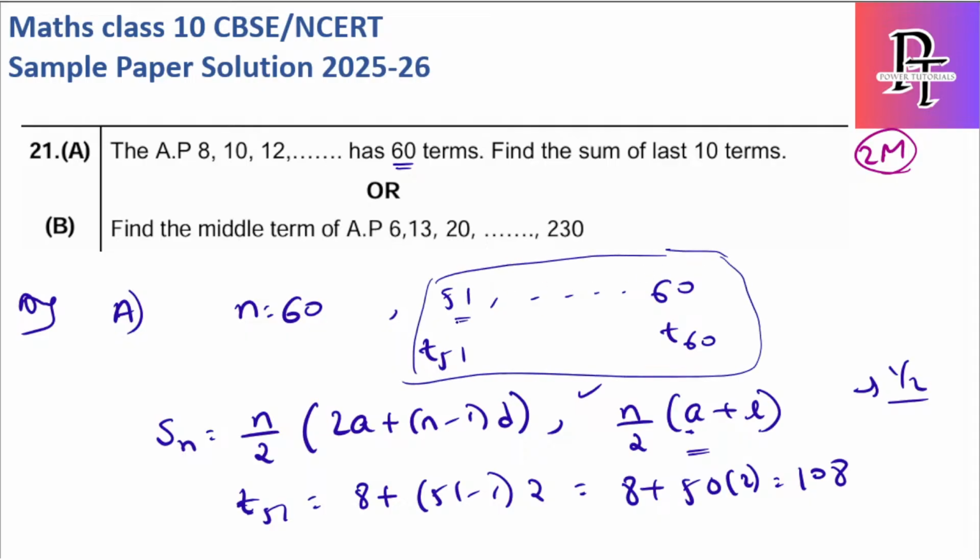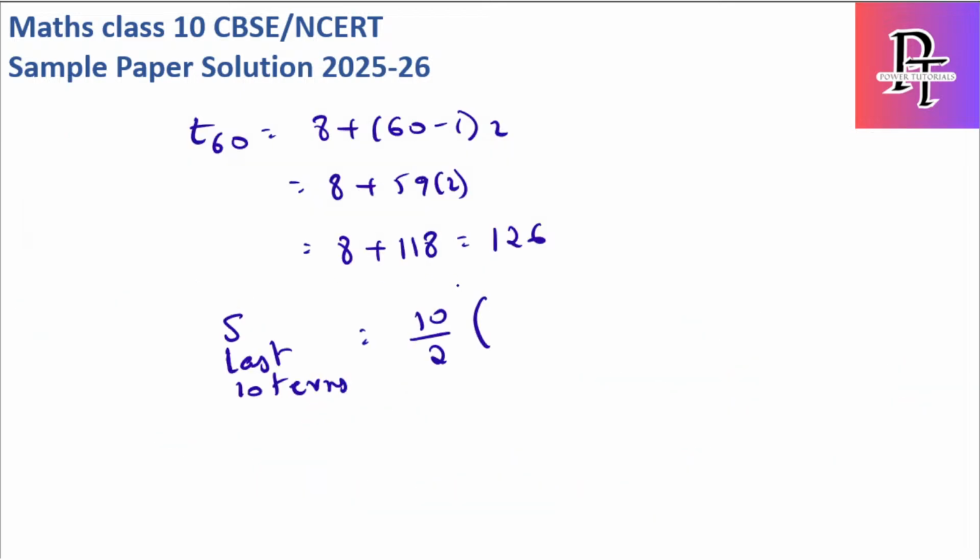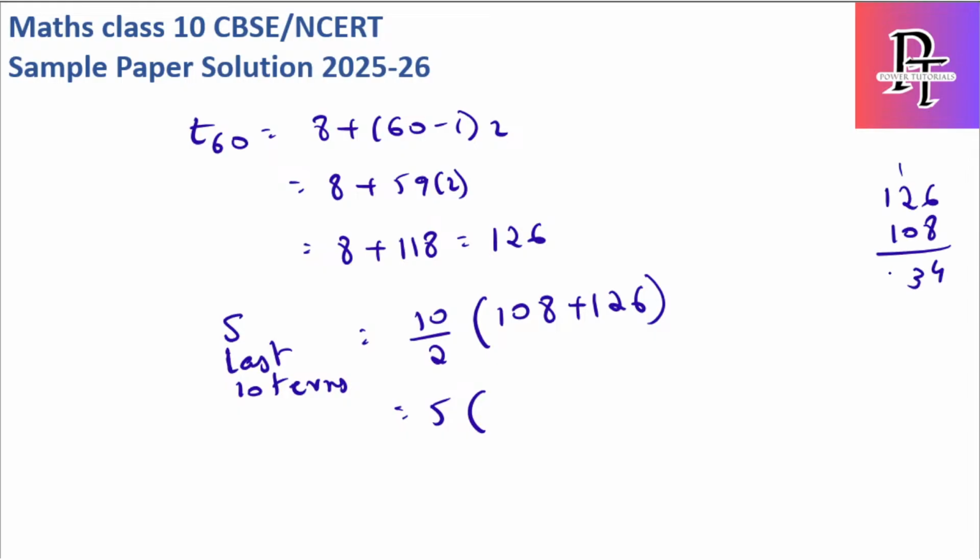The 51st term we already found, which is 108. So 108 plus 126, which is 5 into 234.